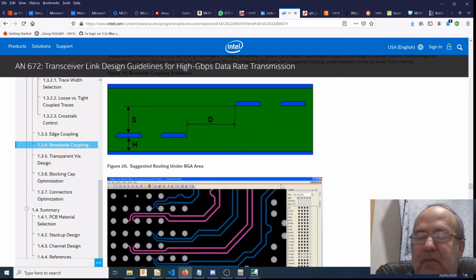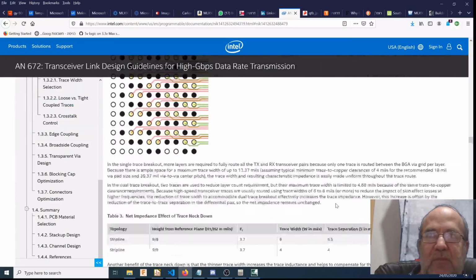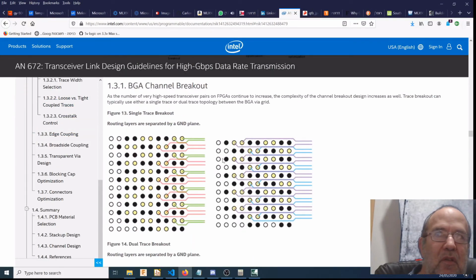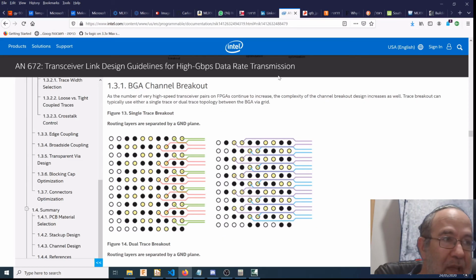For example, one can do it the way we described on top. The way we described it on top, here we had a ground between the layers.